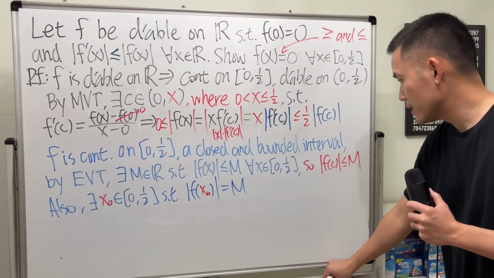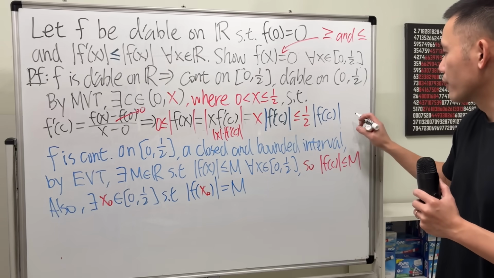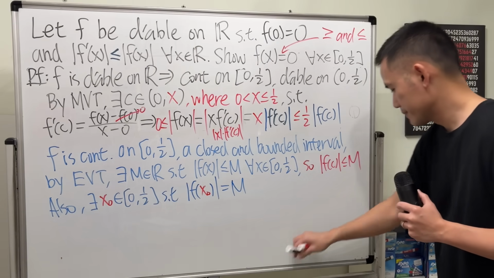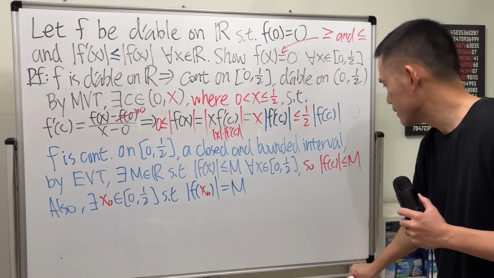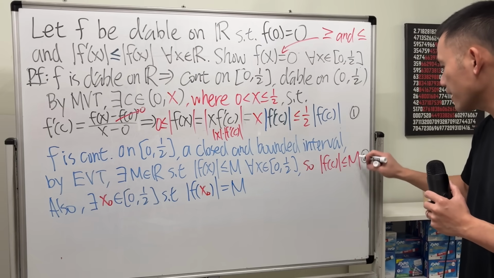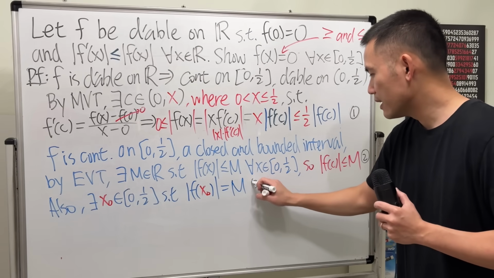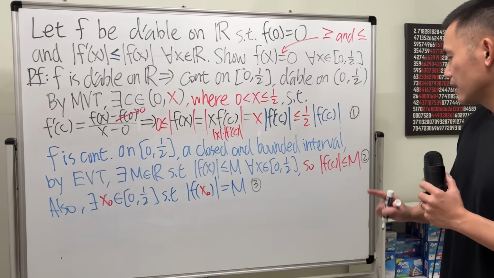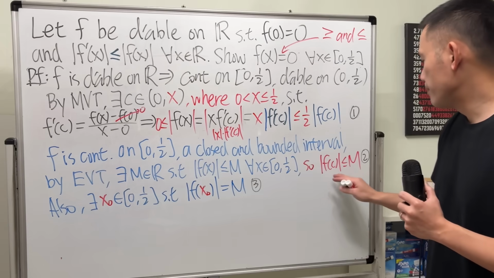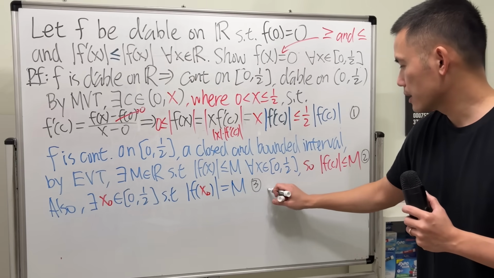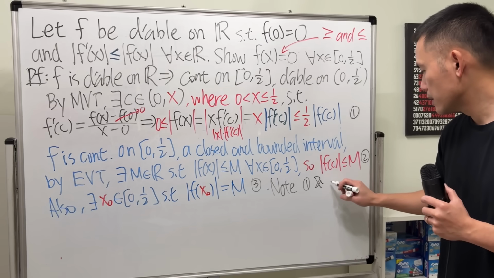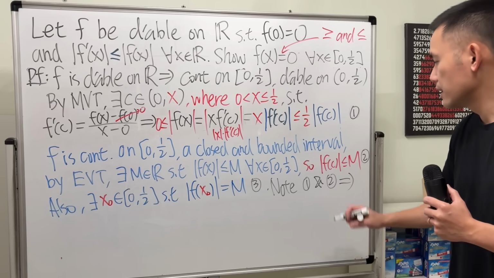Now, have a look. We have our first thing right here. This is the first thing that we have, and this is the second thing that we have, and we have the third thing that we have here. Well, if you combine number 1 and number 2, so note that 1 and 2 gives us what?